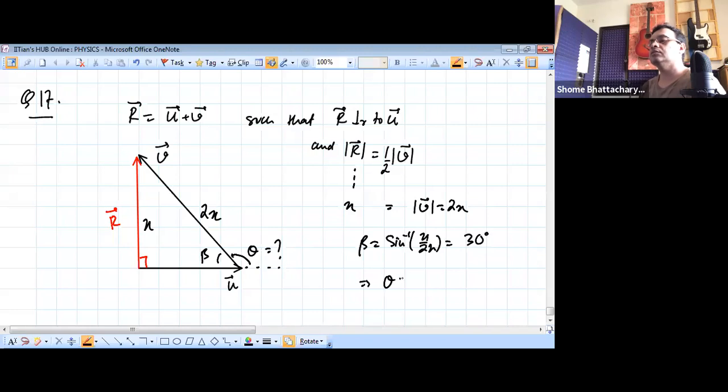Therefore, theta will become 120 degrees. Is this clear, people? So this is how to solve this 17th question.